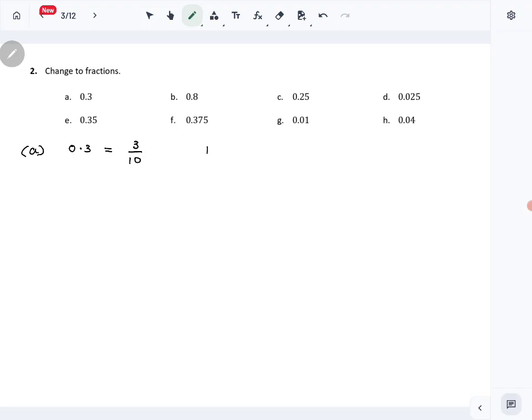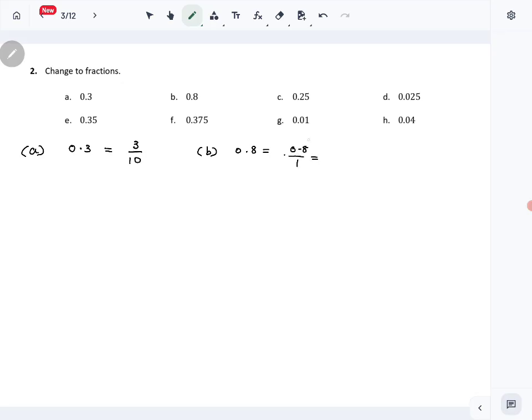Then part B, 0.8. So this one you have to multiply by what? So this is like 0.8. You can think of it as like a fraction. This is 0.8 over 1.